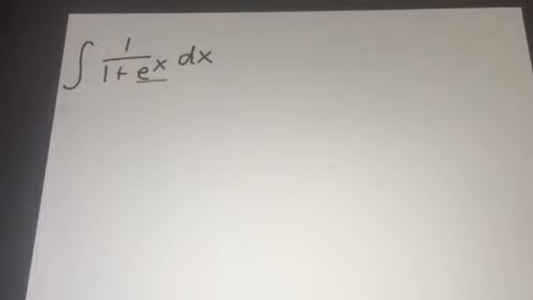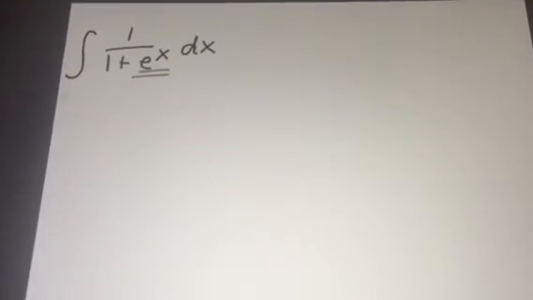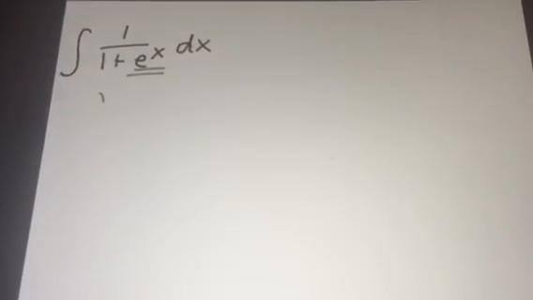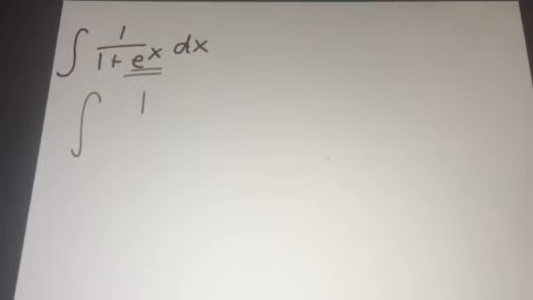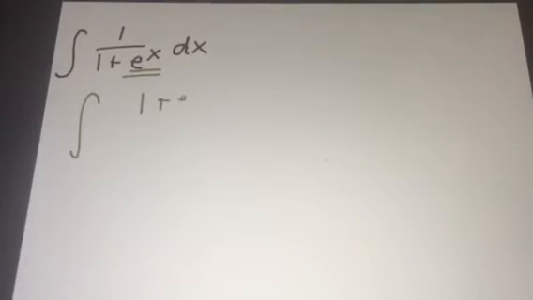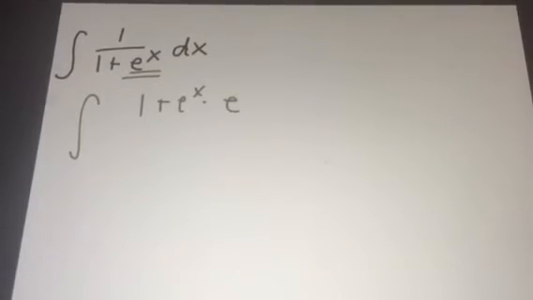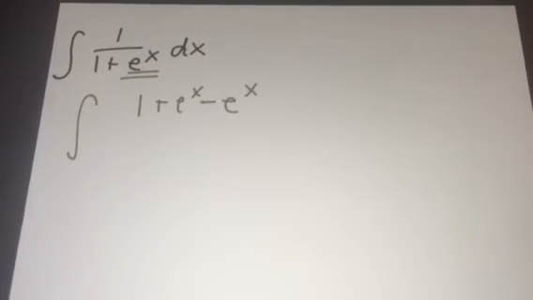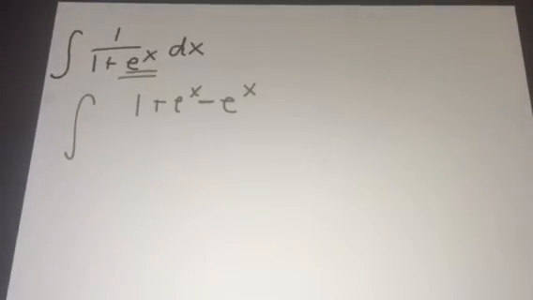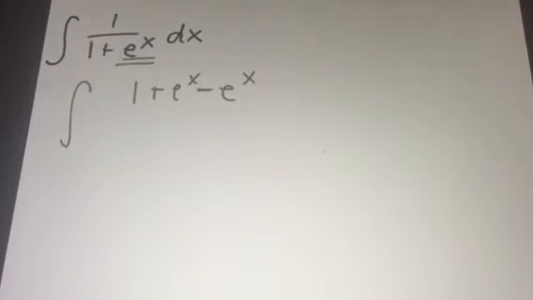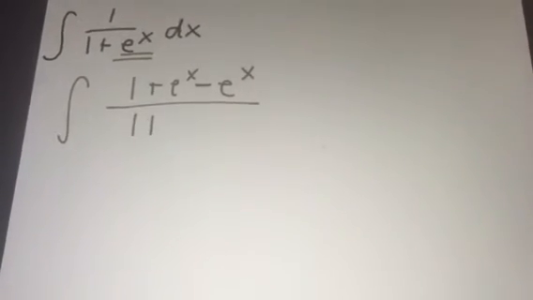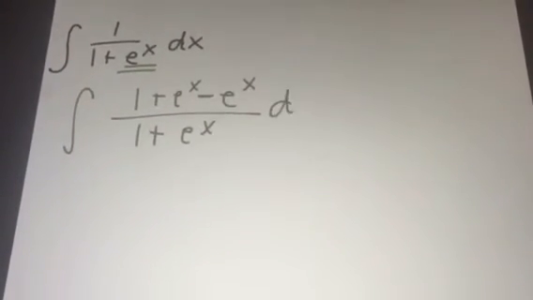It would be best if we add and subtract e to the x on our numerator. So we have 1 plus e to the x minus e to the x. By doing so, we're not changing the function, we're just adding extra terms so that it'll help us integrate it. And the bottom stays exactly the same.